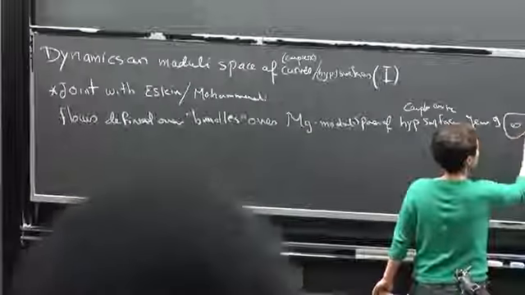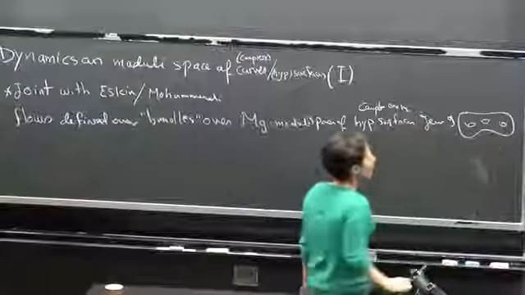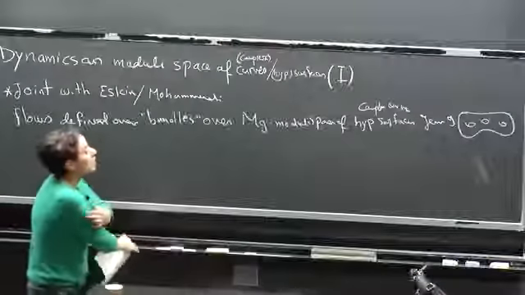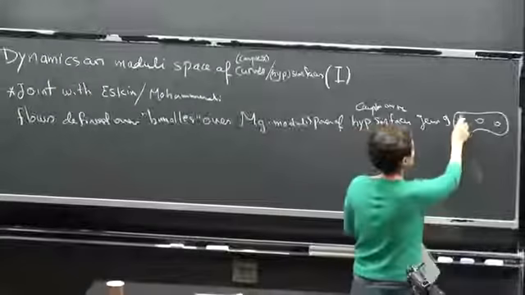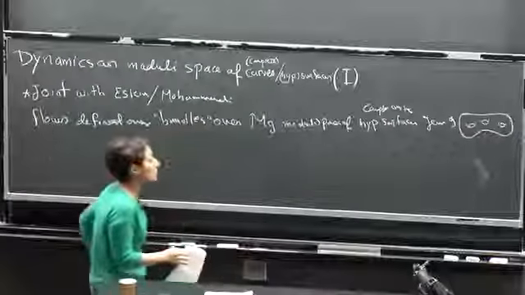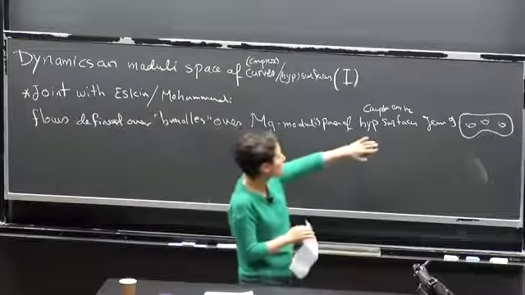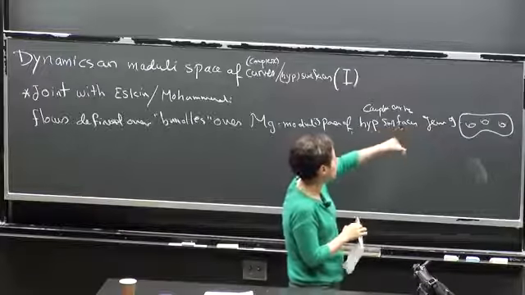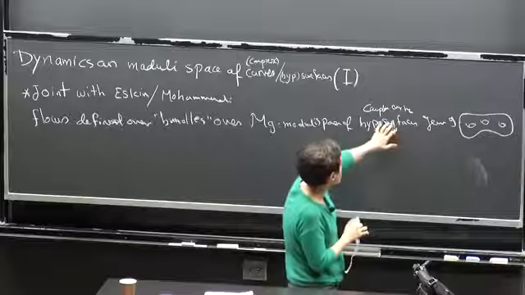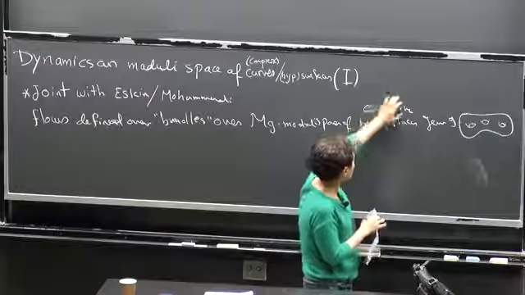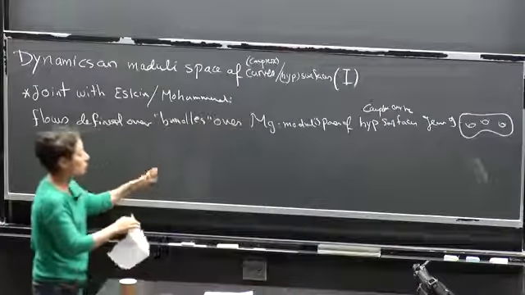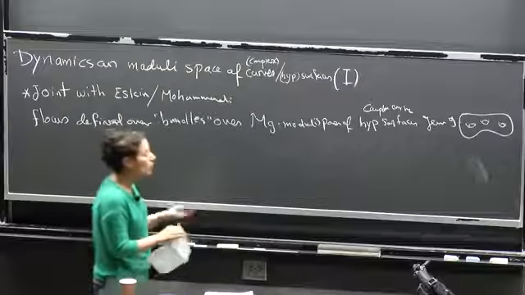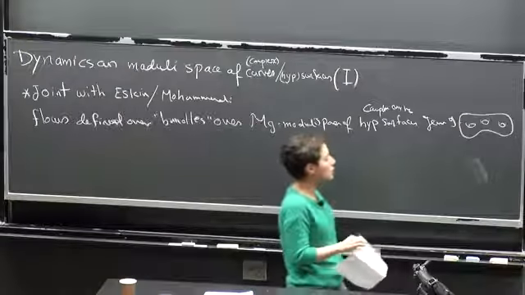So the topology is fixed, and you have different structures on the surface. Maybe it's a complete hyperbolic structure on this compact surface of finite volume, or you have a complex structure, and you have the moduli space of all possible complex structures that you can put on a surface of genus g.